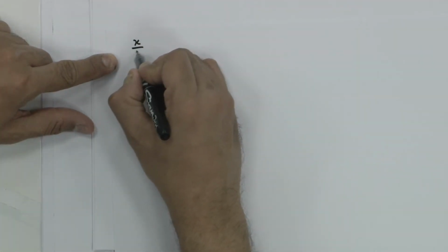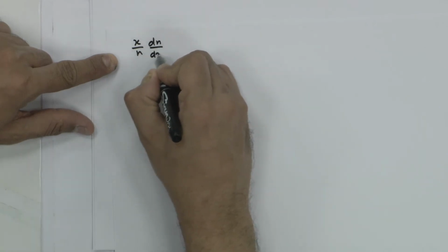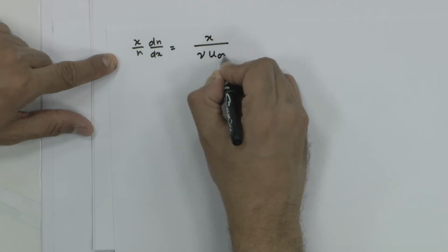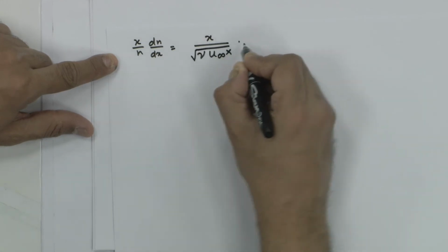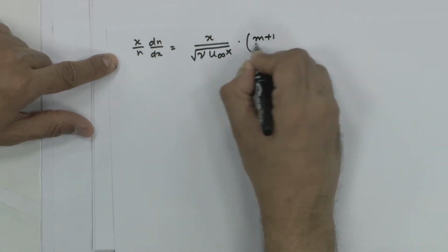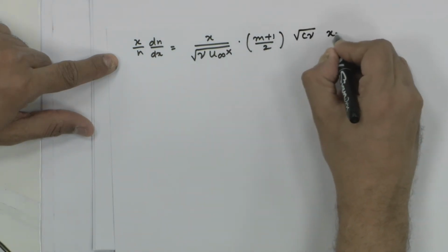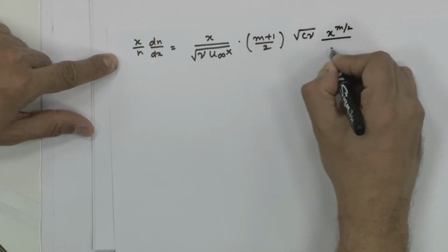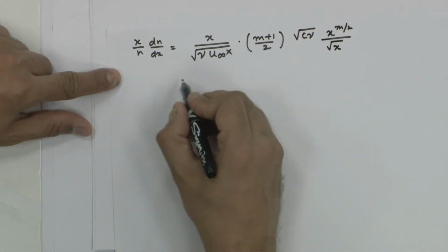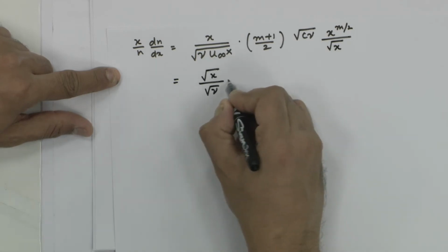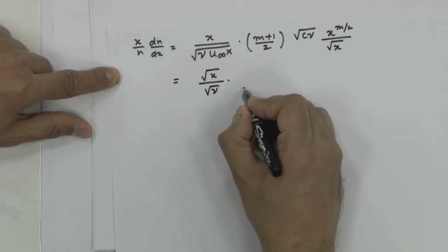So we wrote dn by dx. So x by n dn by dx is nothing but x over nu u infinity root x, and this is m plus 1 by 2 root of c nu x to the power m by 2 and root x. What is this? Root x by root nu. U infinity is cx to the power m.